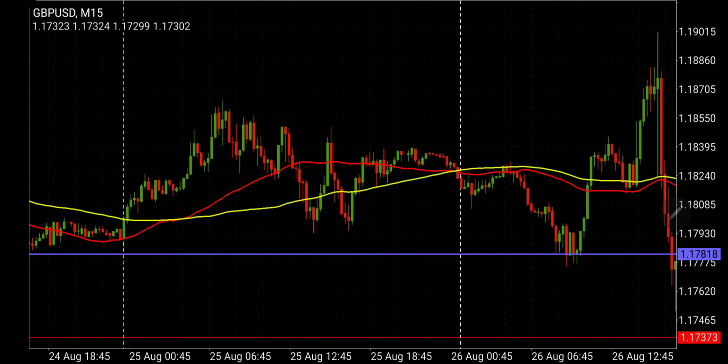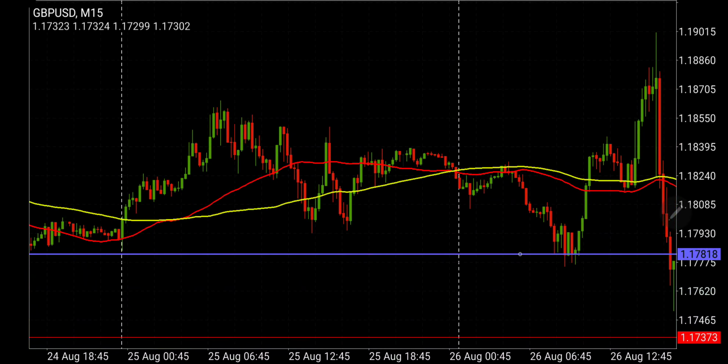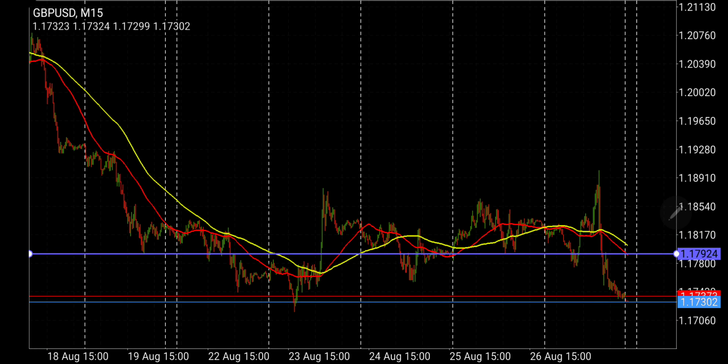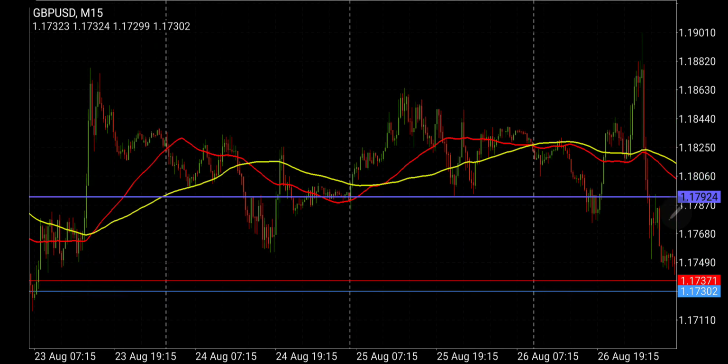But on Friday, I saw it came back down to that specific line of the weekly close, the weekly low.